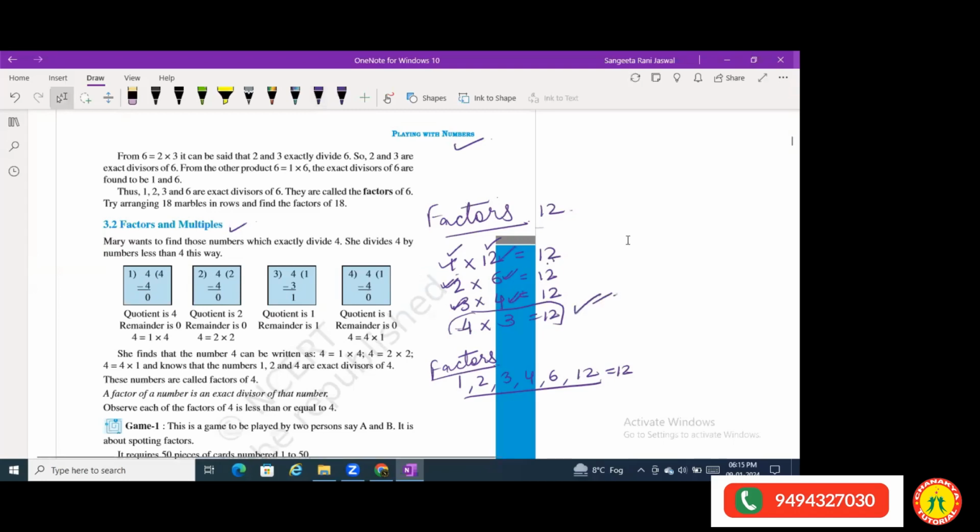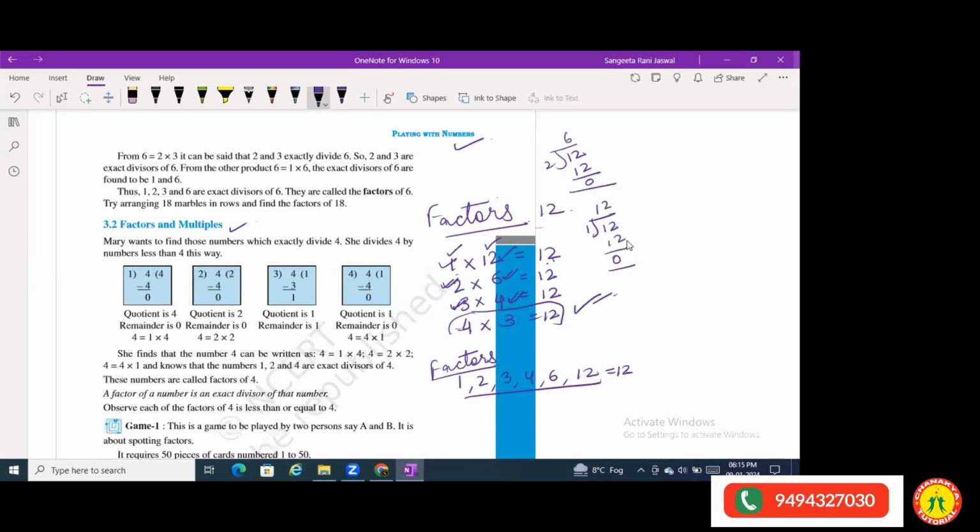Now, actually what does factor say? What is a factor? Here you can see if I divide 12 by 1, it will be completely divided. If I divide 12 by 2, it will be completely divided.